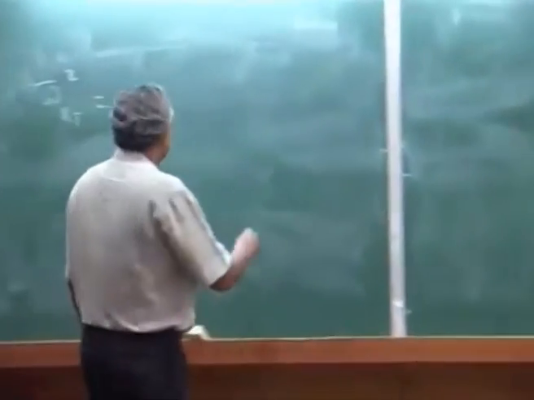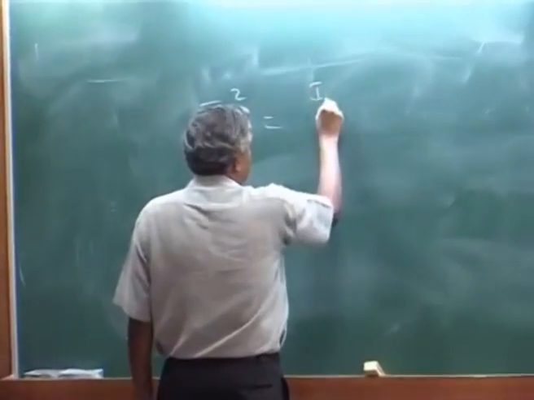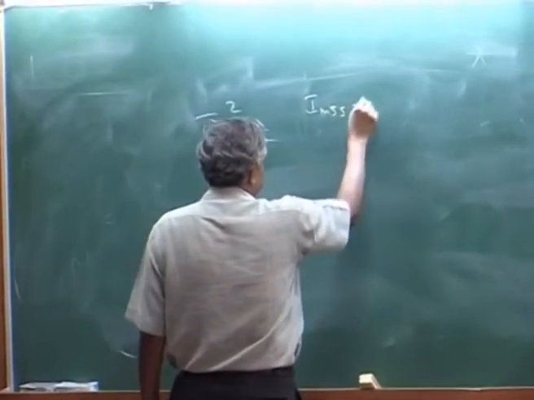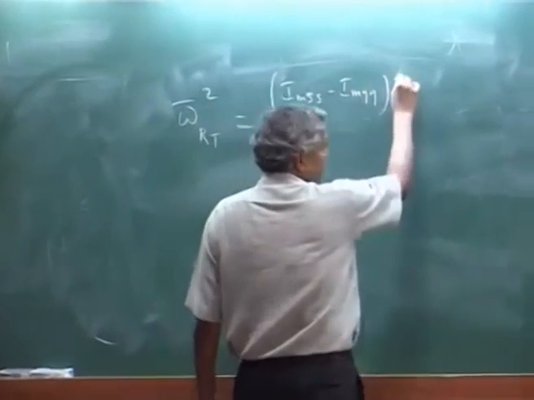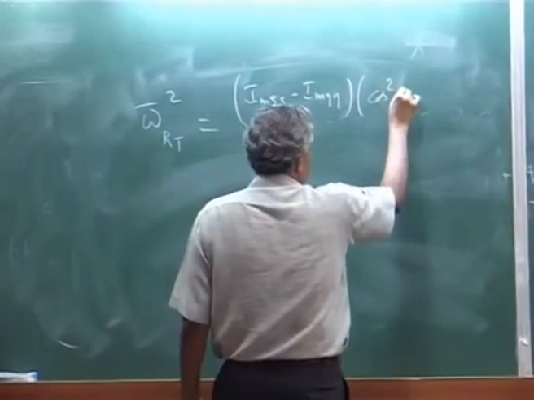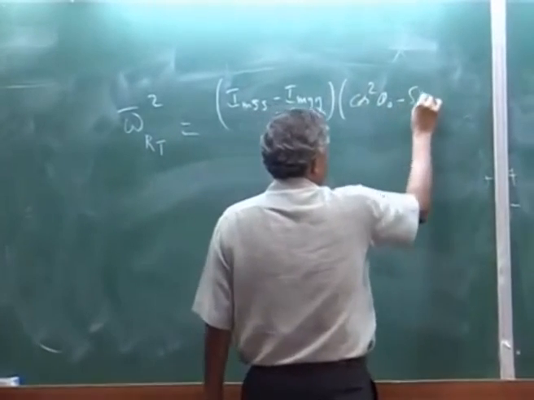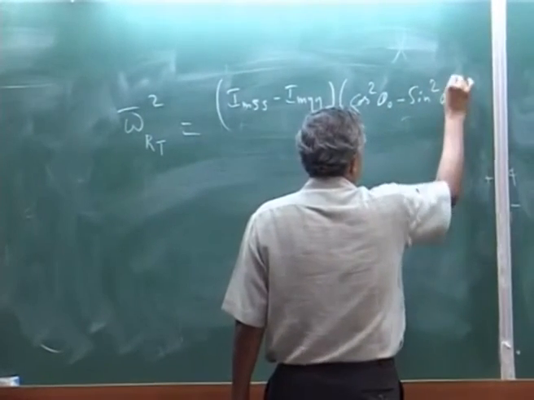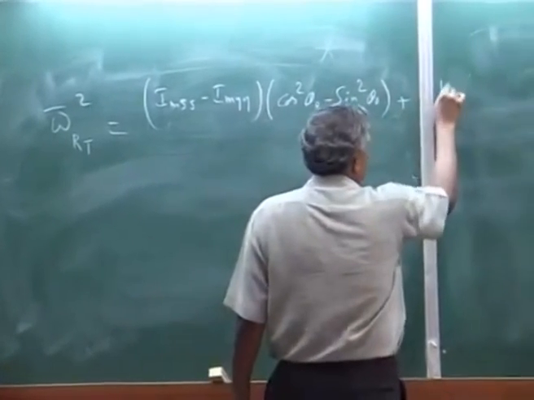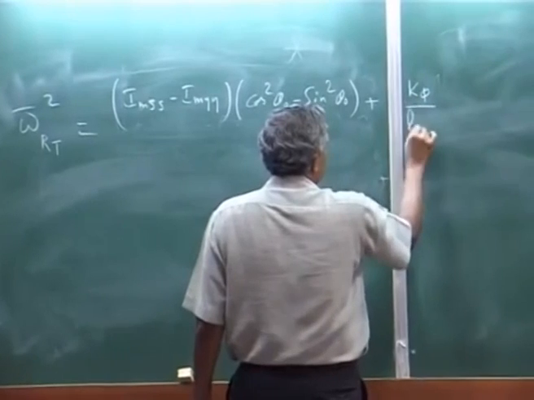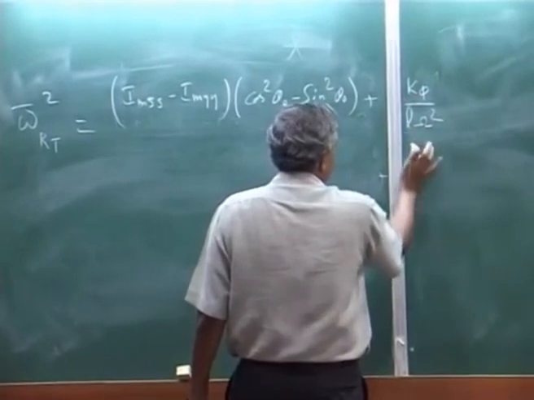So you will have I_m eta eta cosine square minus, plus k phi over L omega square.